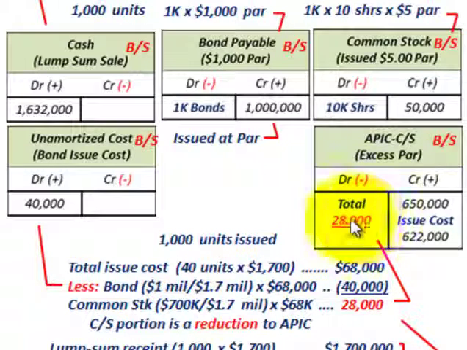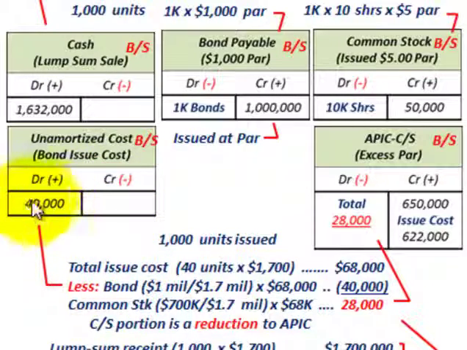When you're dealing with additional paid-in capital, you reduce your additional paid-in capital for your common stock by those issue costs. With the bond, what we did is capitalize those costs. We essentially capitalized the bond issue cost of $40,000. These would have to be amortized down over the life of that bond.